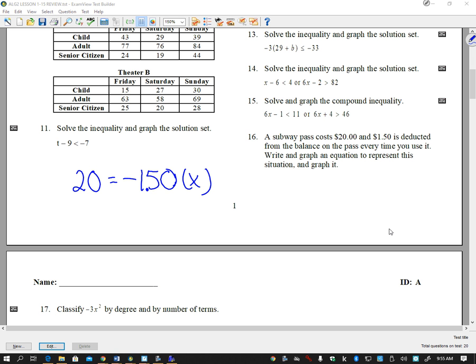Because we don't know how many times we're going to use it. Now if I wanted to just solve for y, what would I do with that 20? Yeah, hopefully I don't have that wrong.